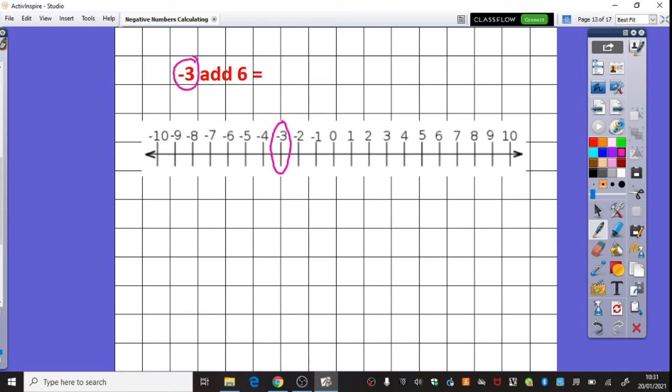When we're adding, we're adding to the number, so we're getting larger, moving right along the number line. We're going to add 6, so we say 1, 2, 3, 4, 5, 6. So our answer is 3, a positive 3, not a minus 3, a positive 3.